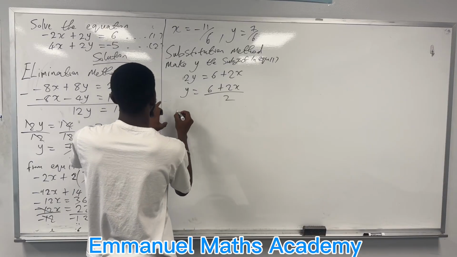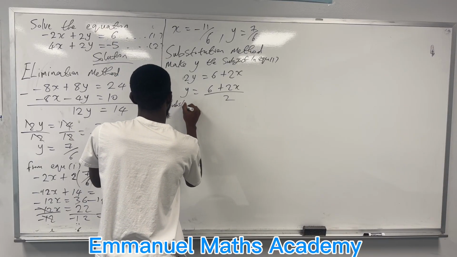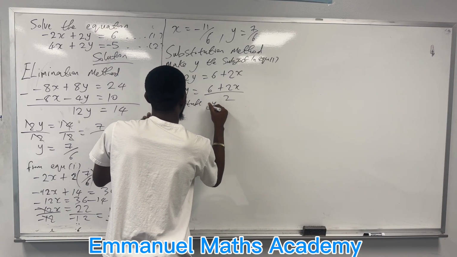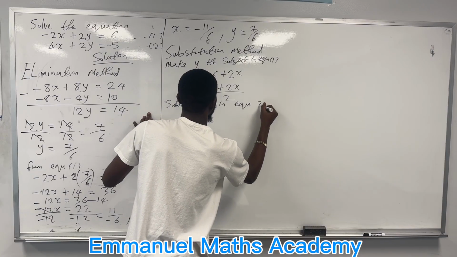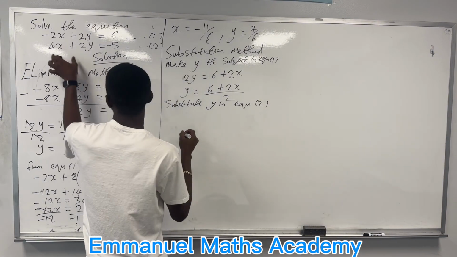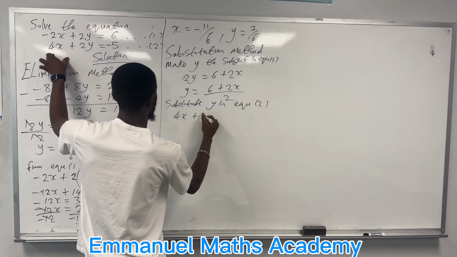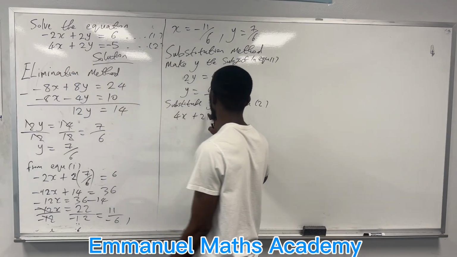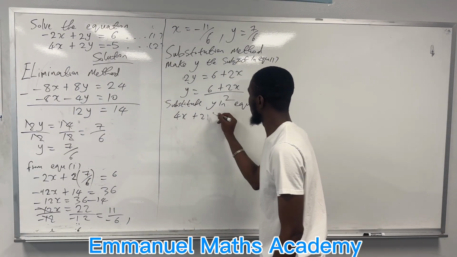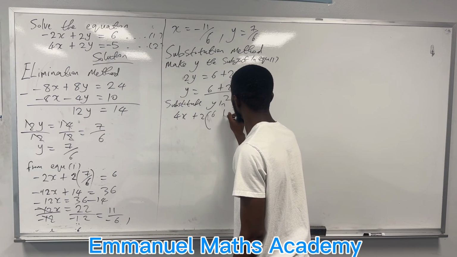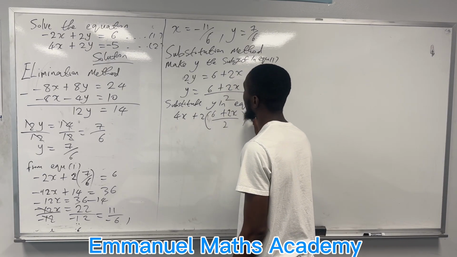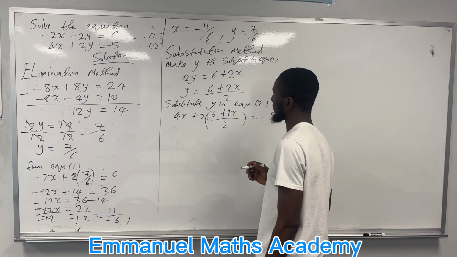You now substitute the value of y in equation 2. So if we do that, you have 4x plus 2, and instead of writing y, you substitute everything here: 6 plus 2x over 2 equal to minus 5.